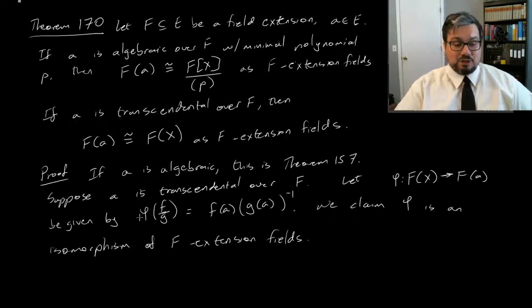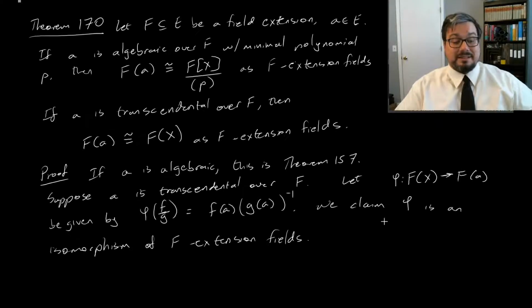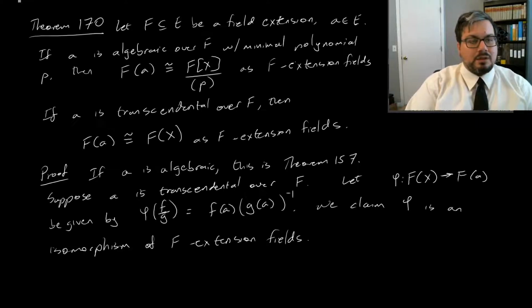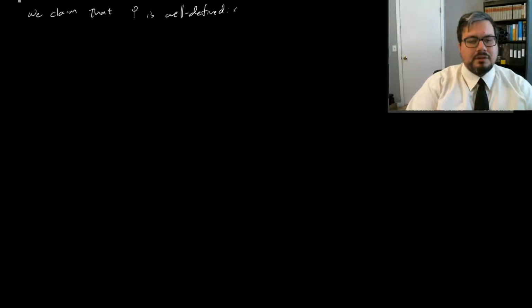And so we need to make sure that if we're in that situation, we get the same element of F(a) out of it. Otherwise, this phi won't even be well defined. So we claim first that phi is well defined. So let's suppose that f over g equals h over k inside F(x).